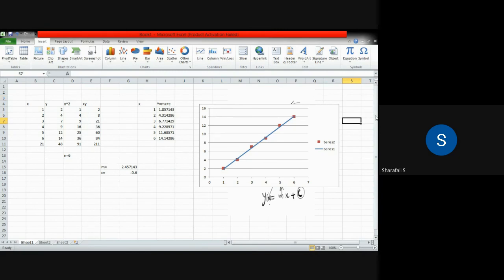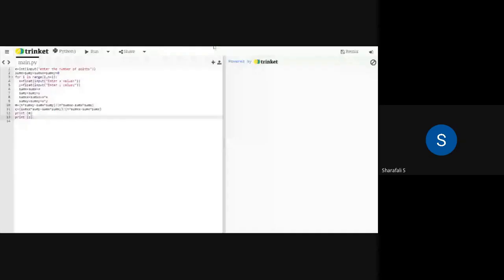Now let us move to the program section. I will just share that tab here. I hope you can see this program.